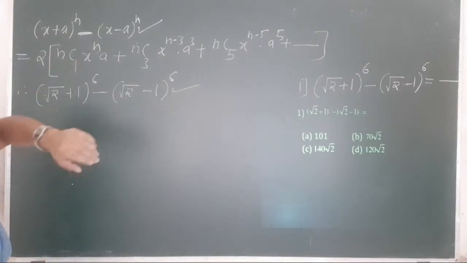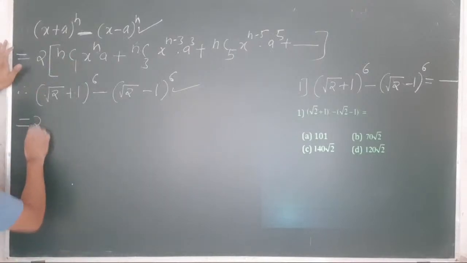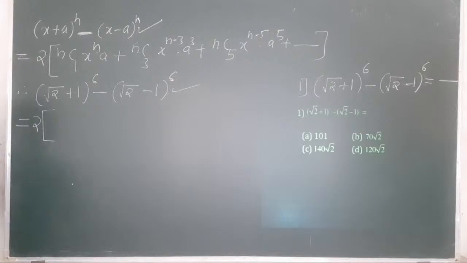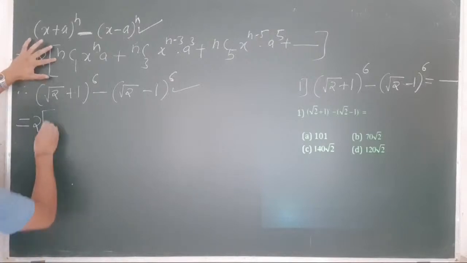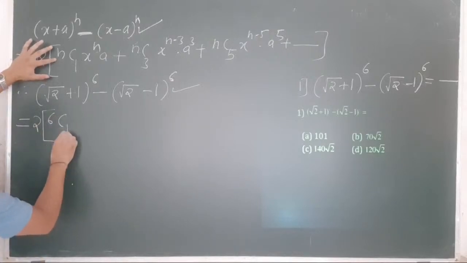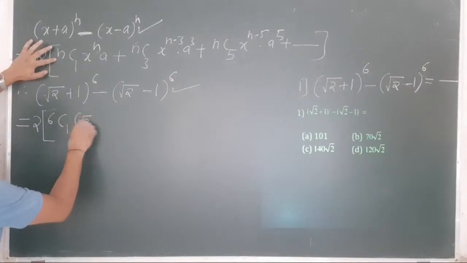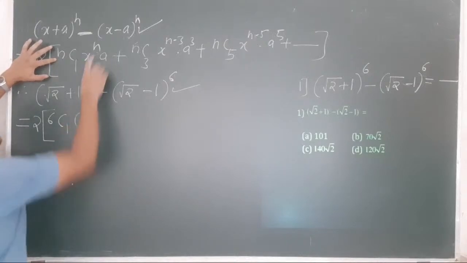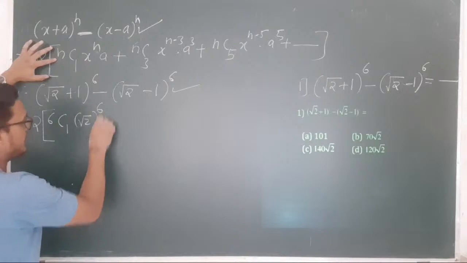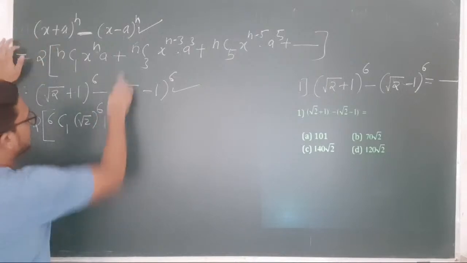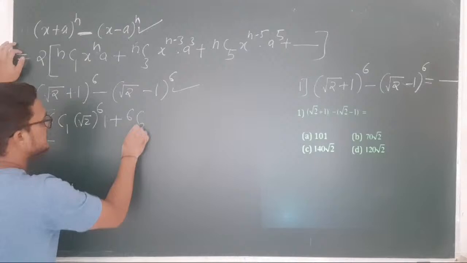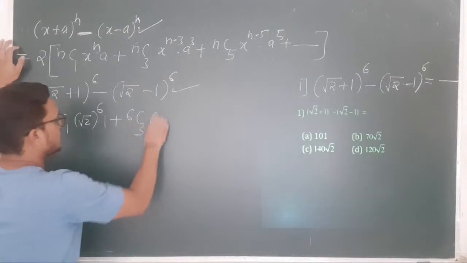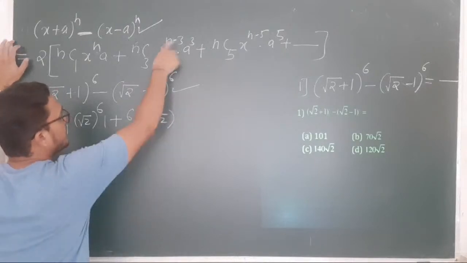Then what will happen? Just go on putting the values: 2 into 6C1 root 2 to the power 6 into a is 1, plus 6C3 root 2 to the power n minus 3.